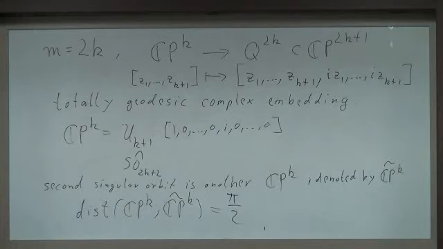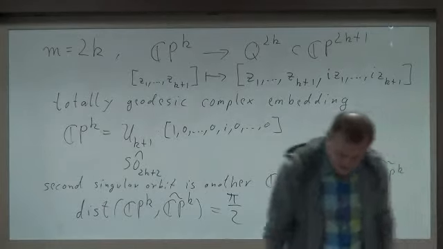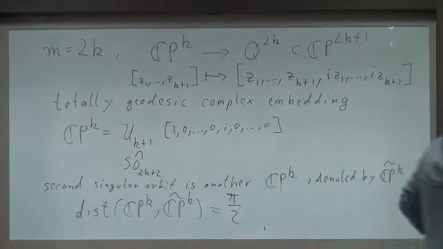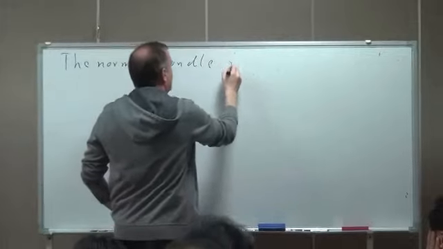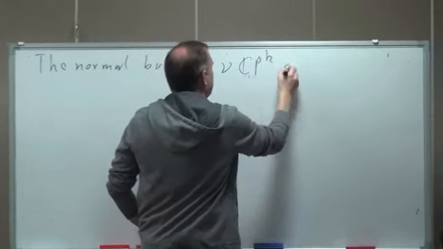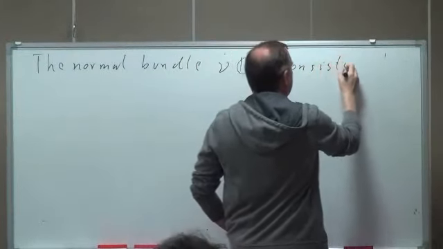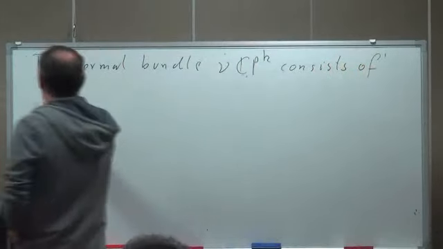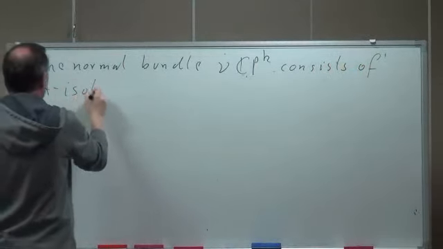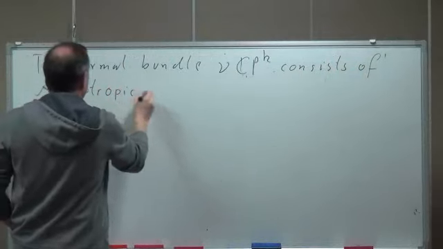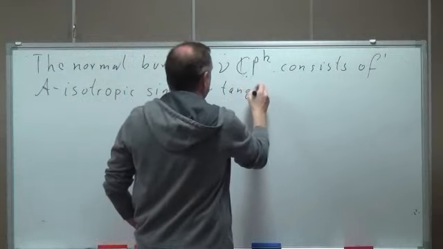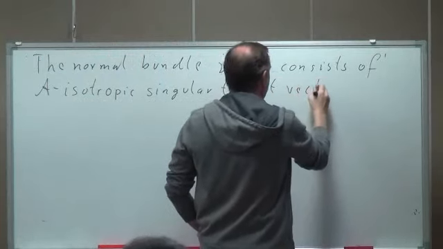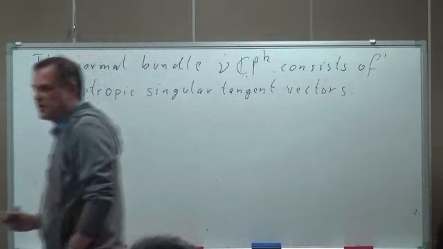Oh yes, in fact, another thing one needs to work out first is the normal bundle of CPK. It consists of isotropic singular tangent vectors, and the tangent bundle as well.